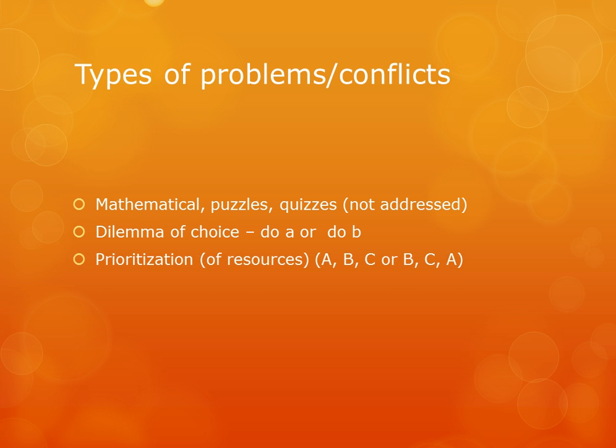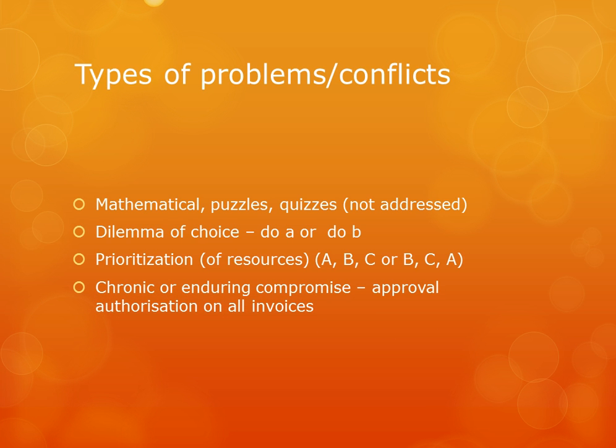And that can also represent itself as a question of prioritisation of resources. So should we allocate resources to project A, then B, then C, or should it be B, C and A? And we can have very many variations on the theme of where to prioritise resources.